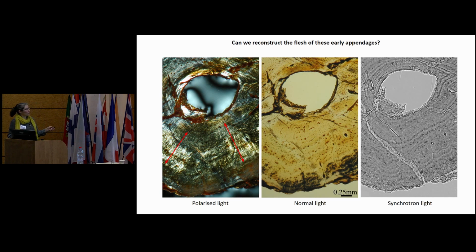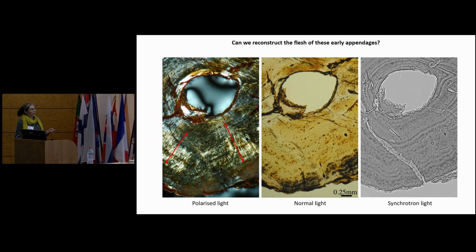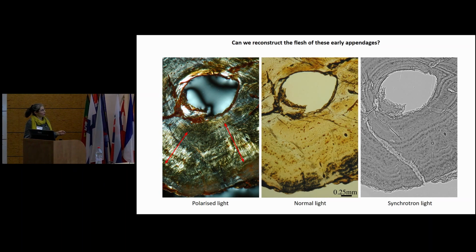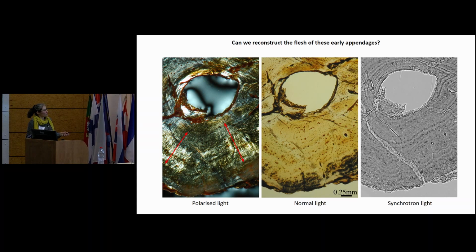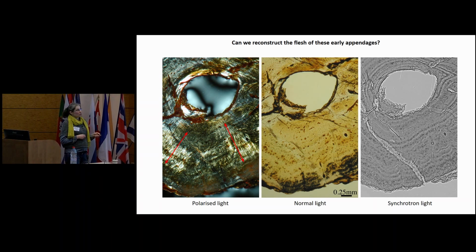Here you have the bone of a fossil. This is a 300 million years old salamander. You have the fibers here which are of a different brightness from the rest of the bone. These are one muscle and another muscle. If you look at normal light, you don't see it. And this is what you see when you do a radiography with synchrotron light.